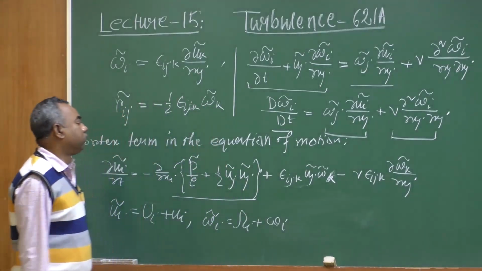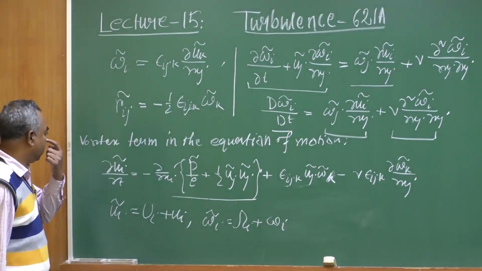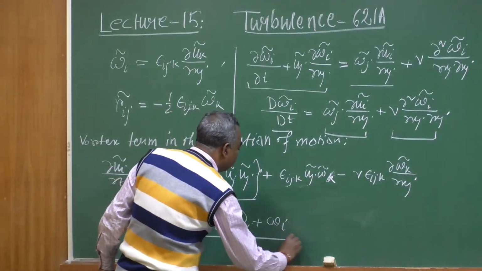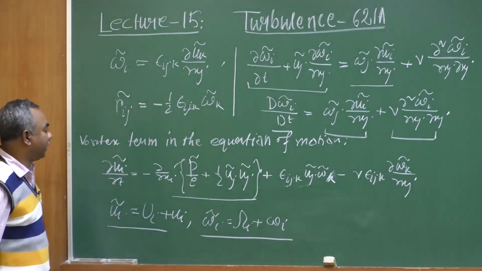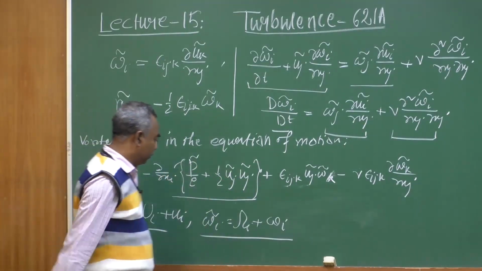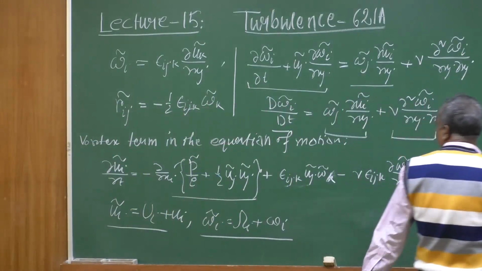So, this is the fluctuating vorticity, right. With this Reynolds decomposition of vorticity and velocity, we can write this equation as follows.